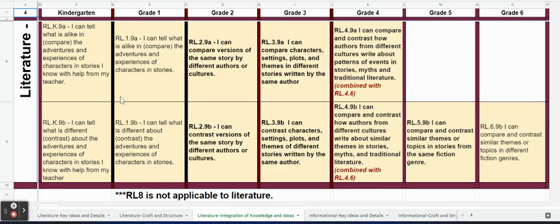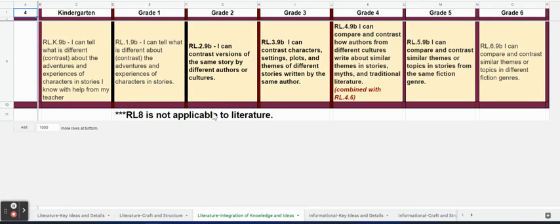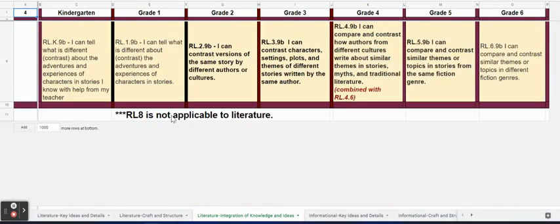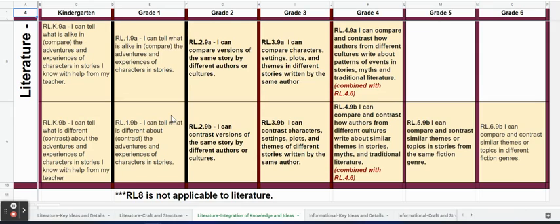In the literature section, standard 8 is not applicable. So we just put that there at the bottom. It's only a standard that exists in informational text. There is a 10th standard, which is reading text at the grade level of instruction, and we just left that out because you can use your grade level expectations for what students are reading at your grade level according to our district expectations.